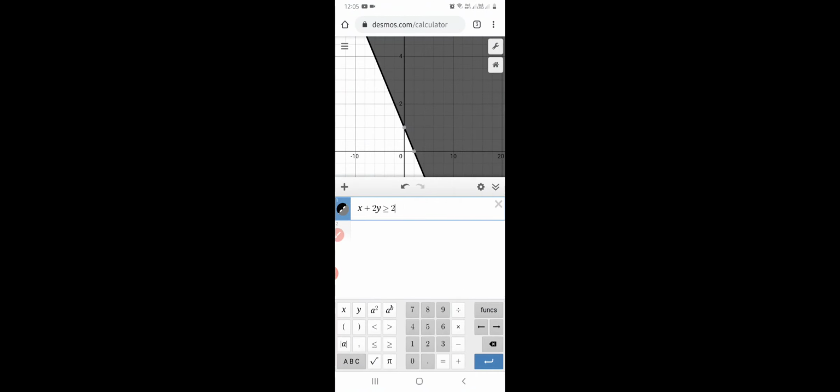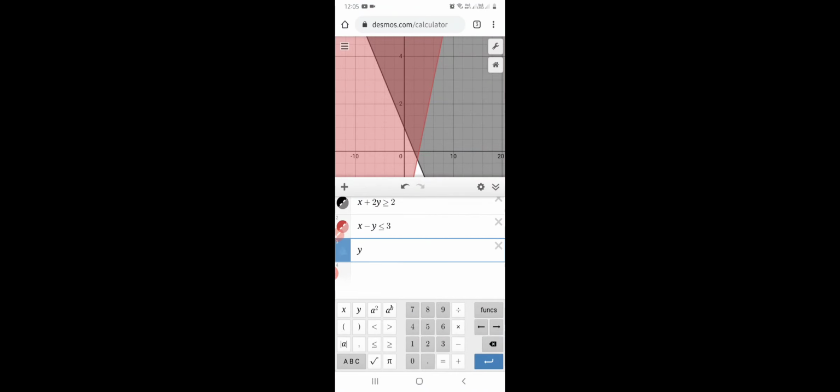So let me just cancel out all of these. Okay, so x plus 2y greater than or equal to 2, this is the first one. Next one is x minus y less than or equal to 3.